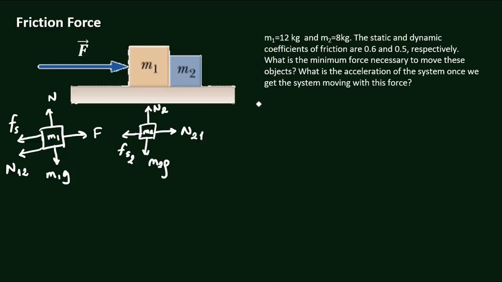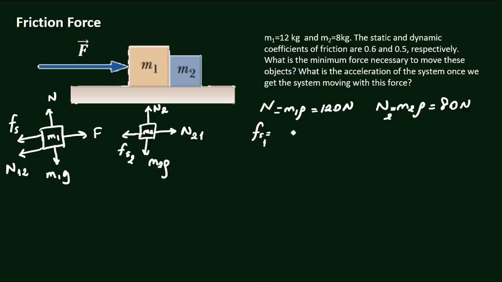All right. So let's first write down our normal forces. Since there's no motion along Y, F net equals 0 along the vertical direction. Let's call it the Y direction. So N equals M1g, 120 newtons. And N equals M2g, which is 80 newtons. Using these, we can calculate the friction force on these objects.